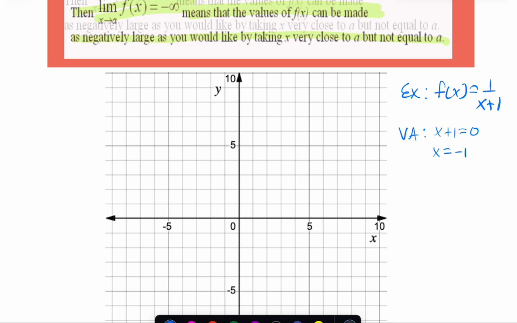So the first thing I'm going to put on the graph is the vertical asymptote. You may recall that these have a horizontal asymptote at 0.